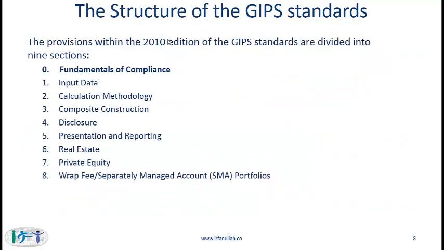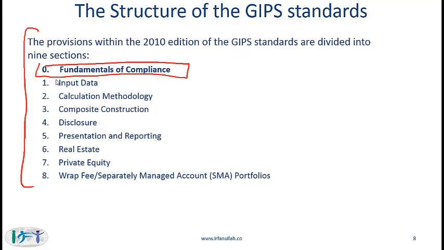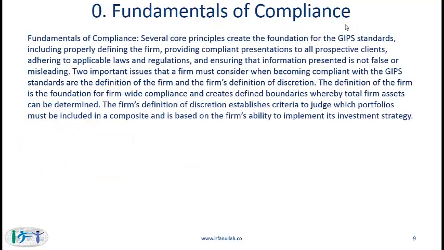The structure of the GIPS standards has been discussed briefly in the previous reading. What we will do now is focus on Standard 0, Fundamentals of Compliance. This is required. For the remaining standards, we will just go over the descriptions, and that's all you need to know at Level 1. Fundamentals of compliance.